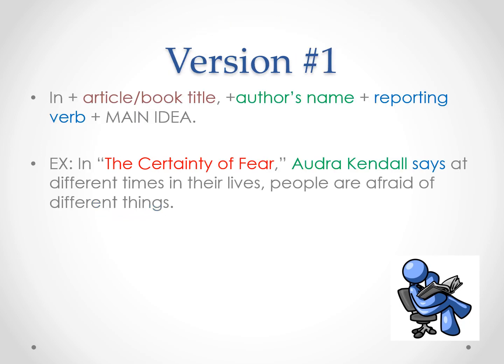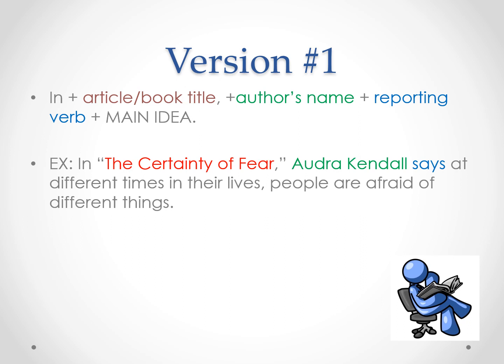So there's 4 different ways that we can write a topic sentence, and we'll go through each one of them here. In version 1, we're going to start off with the title of the book. Then we have a comma, then we have the author's name, a reporting verb, and then the main idea.